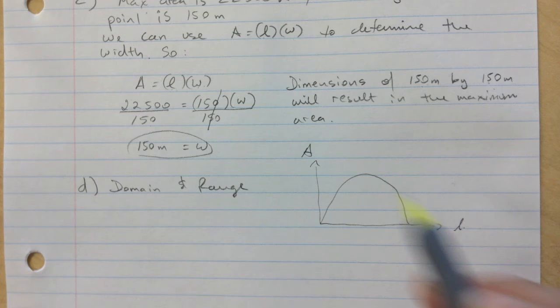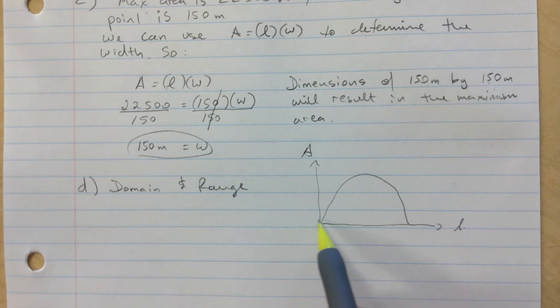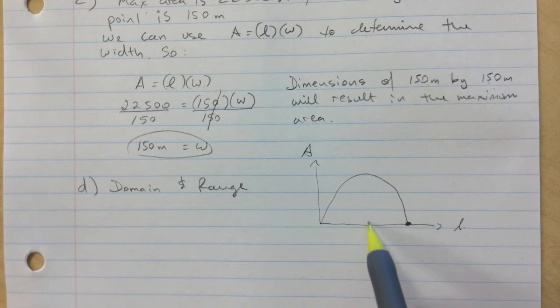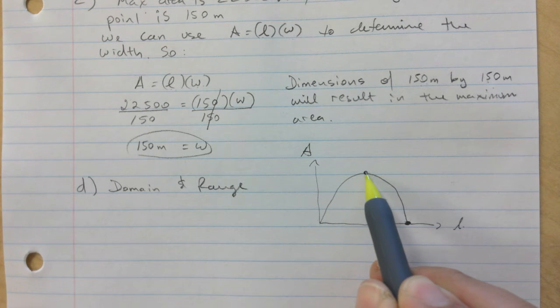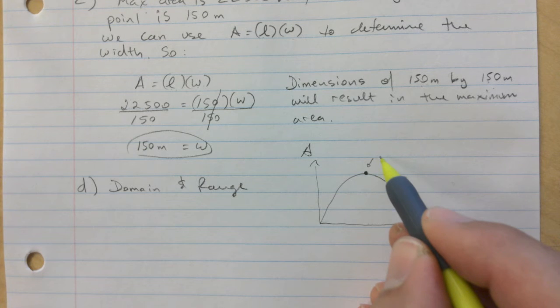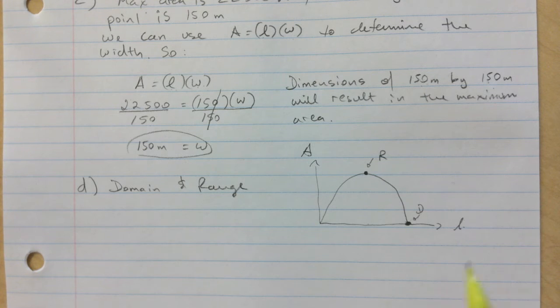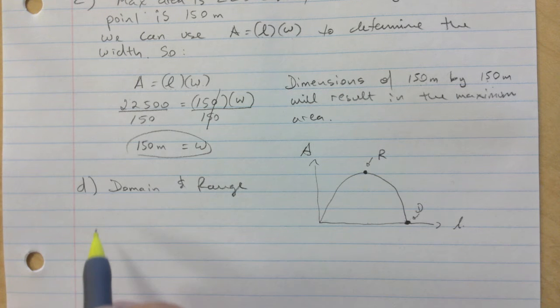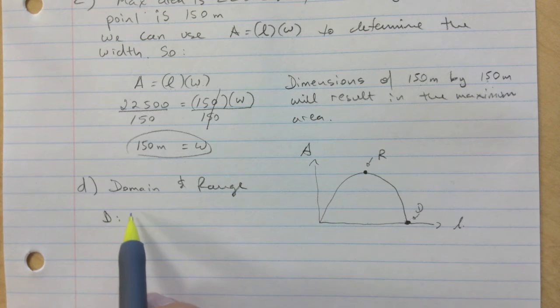For my domain, I would need this, and for my range, I would need this. I already know what this is, but for the domain, I don't know yet. I know it's 0 to a certain number.